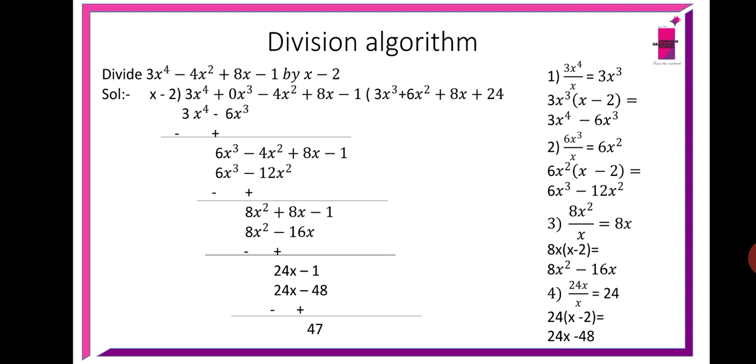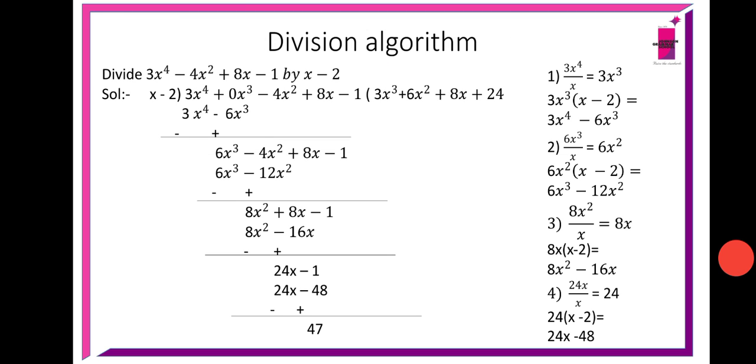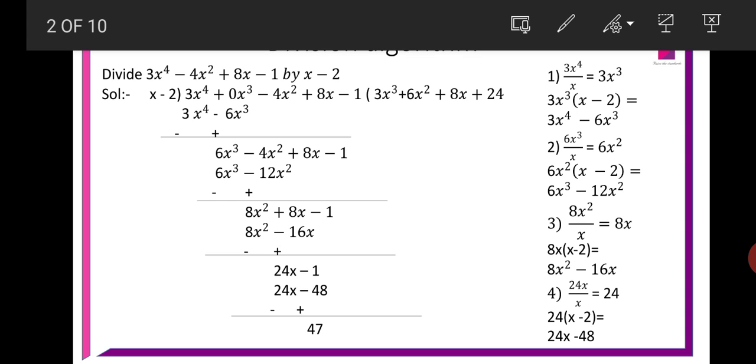So we can write this as a division algorithm: 3x power 4 minus 4x square plus 8x minus 1 equals x minus 2 into 3x cube plus 6x square plus 8x plus 24, plus 47. After multiplying the both, you add 47 to it.